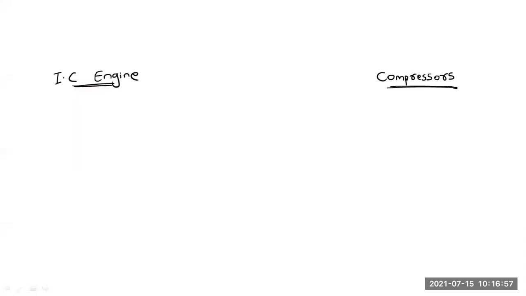And in unit 4 and half of unit 3, we have studied compressors. So just remember, engine is a work producing device. Okay, right. BP by IP for IC engine, correct.